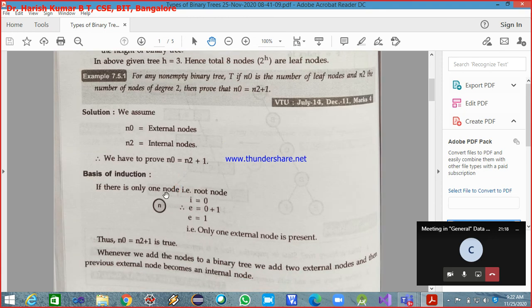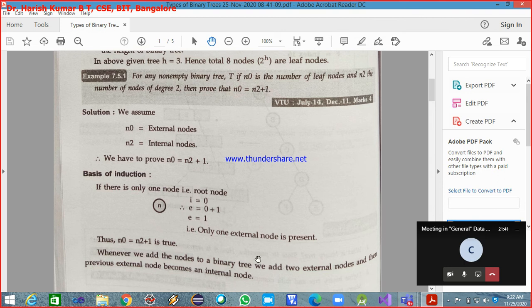Are there any nodes with degree 2? No, 0, plus 1. 1 is equal to 0 plus 1. When I checked it for the single node, the statement is shown to be true.